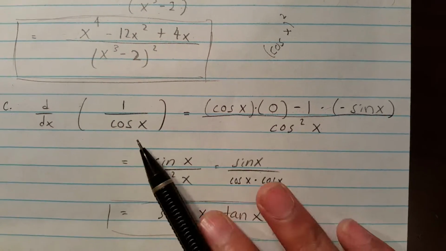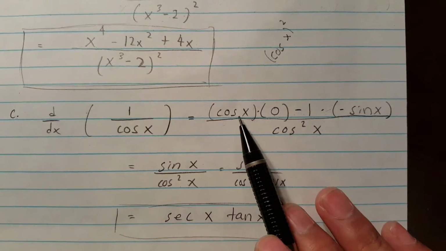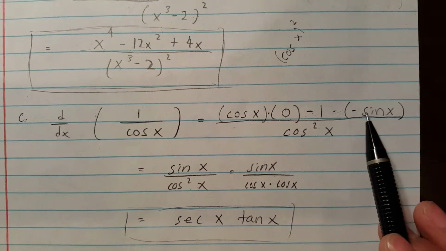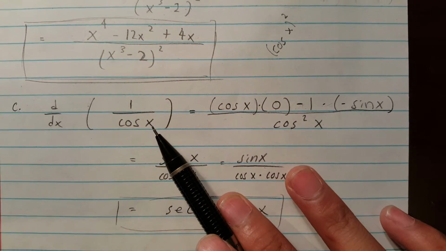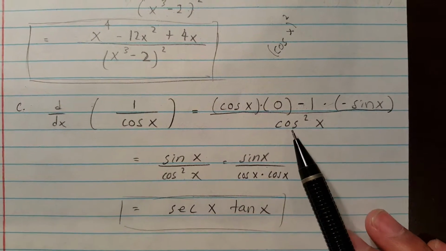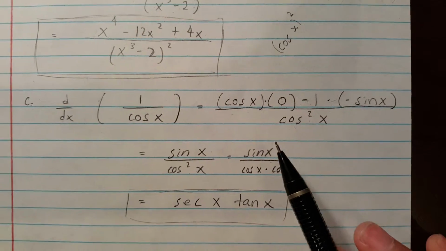So cosine, which is the bottom, times the derivative of the top, which is 0, minus the top, which is 1, times the derivative of the bottom, which is negative sine x, over the bottom squared, cosine squared x.